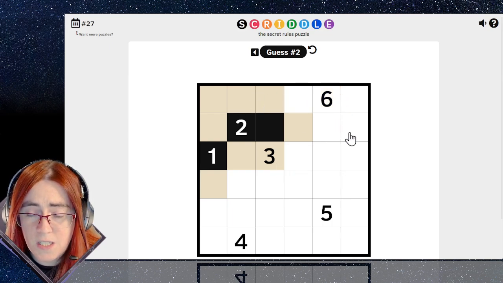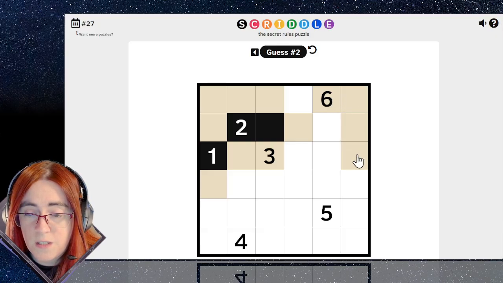So if it is unshaded, it would have to be part of 1, 2, 3, 4, 5, 6, or 5, 6, or 5, 6. It would have to be one of those.